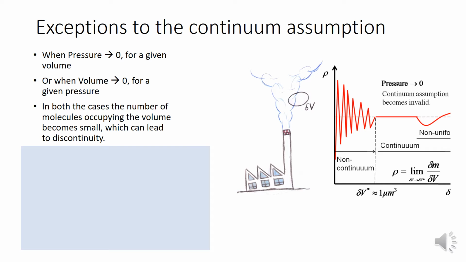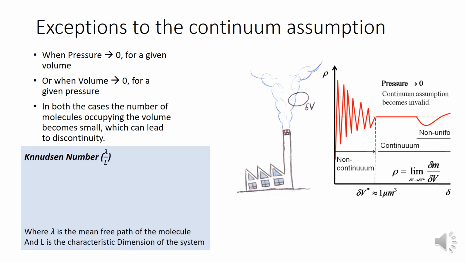For that we use a number called the Knudsen number, which is the ratio between the mean free path lambda of the molecule and L, the characteristic length dimension of the system. If the characteristic length is very high compared to the mean free path, we take the continuum assumption. But if it is comparable, then we have to take the discontinuity into consideration.